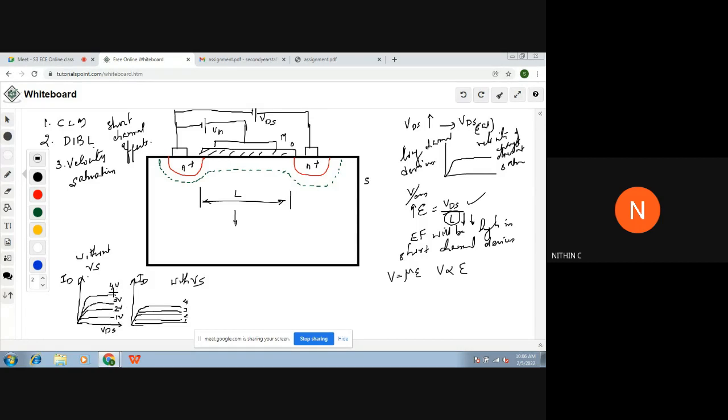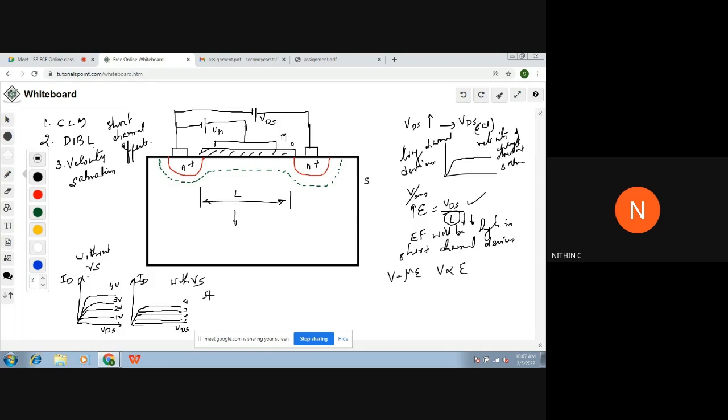At 4 volt, if you are applying 4 volt VGS, the curve is like this. Without velocity saturation, it is like this, and with velocity saturation this has taken place much before. The whole process happens below this level if it is with velocity saturation.